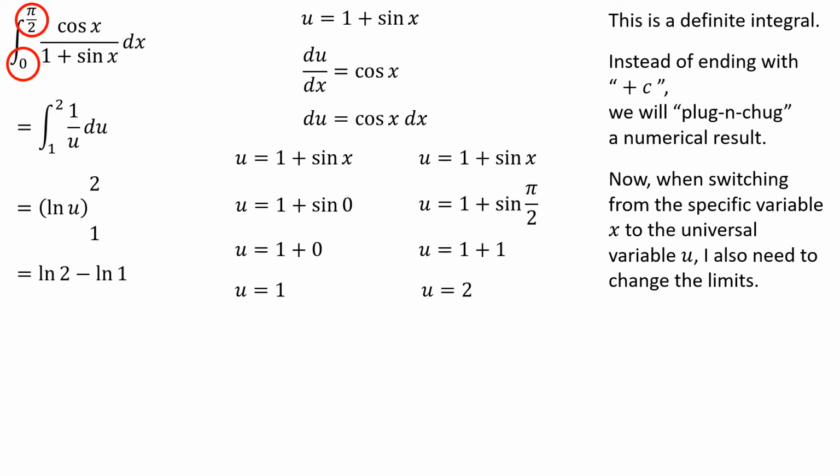So I got to do natural log of 2, subtract natural log of 1, and of course, the natural log of 1 is 0. So I've got natural log of 2, subtract 0. So there's an exact answer, natural log of 2. Right? I do not have to back substitute into x at the end. I can just go with u.